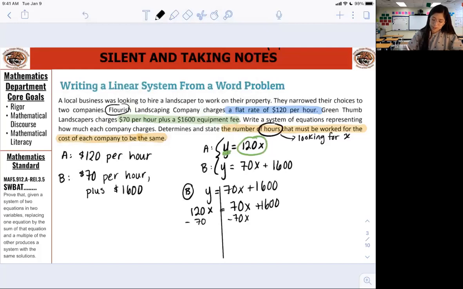We are subtracting it from both sides. What's 120 minus 70? Just 120 minus 70. 50. Yeah, just 50. So 50x equals 1600. Now what do I do to both sides?